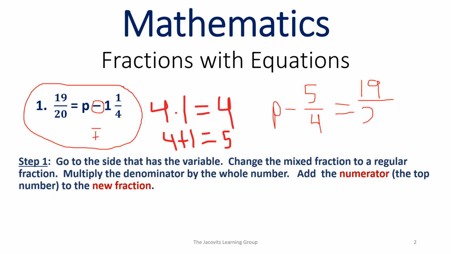And we went over how to change the denominator. So you'd get your lowest common denominator over here. And this equals 19 over 20. You can also take over the opposite already over here, but I'm going to go ahead and do it another way.